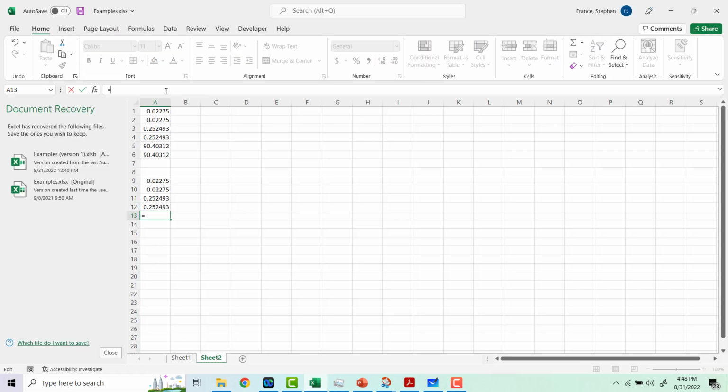So what we could do is norm.s.inv and the probability 0.98. And that gets us the z value that we found before. But of course, we have to multiply it by the standard deviation, the sigma, and add the mu as we did. And we get 90.403.